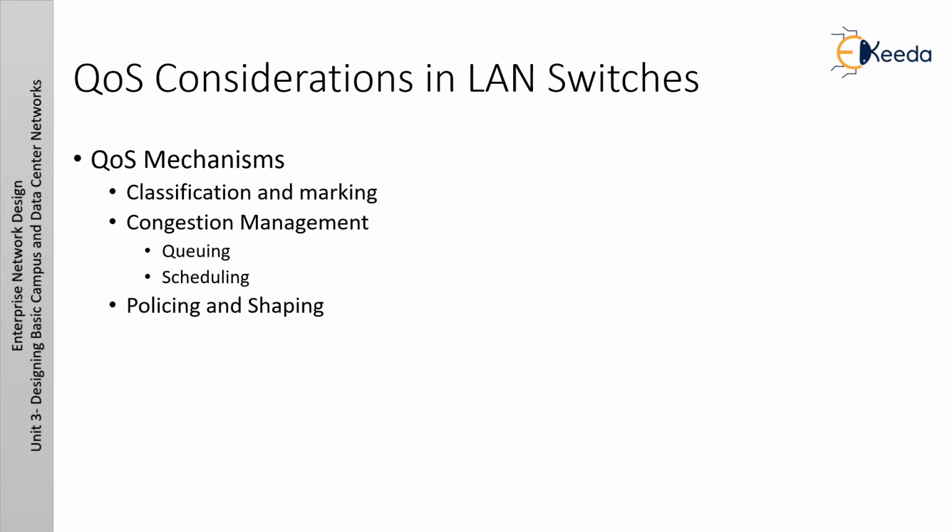So let us discuss each of the quality of service mechanisms. Quality of service mechanisms or tools implemented on LAN switches includes classification and marking. Packet classification is the process of partitioning traffic into multiple priority levels.